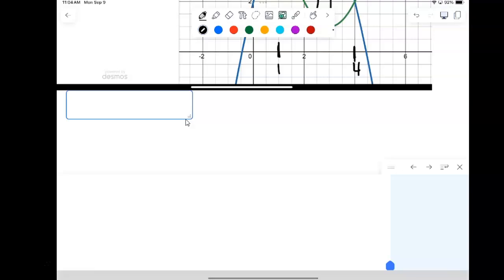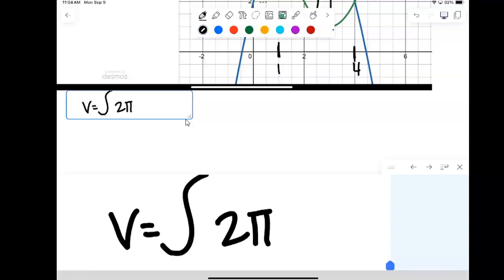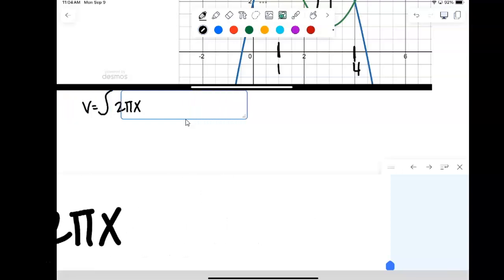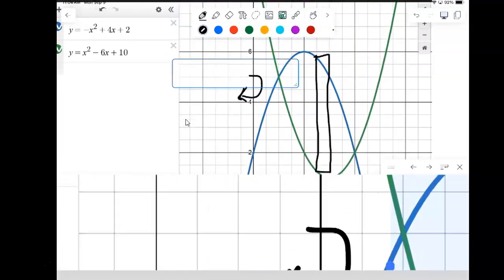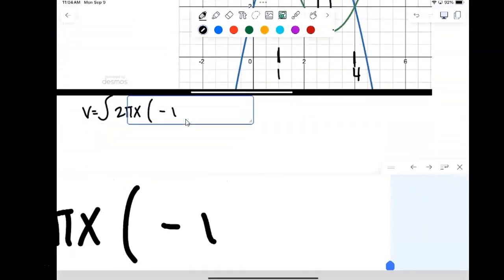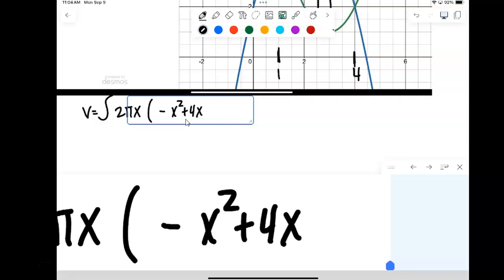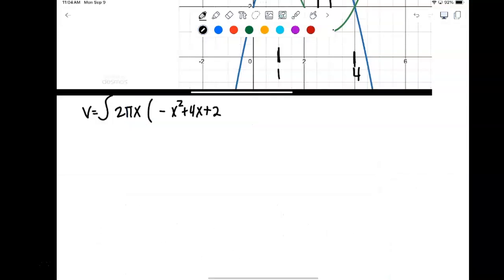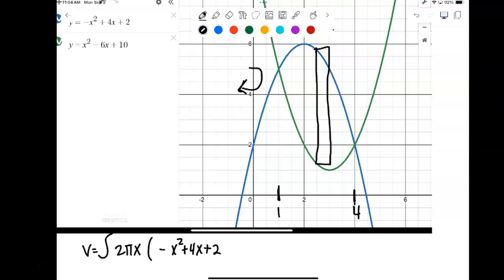So first things first, our volume will be the integral of 2 pi x times the top function minus the bottom function. The top function again is our blue function, negative x squared plus 4x plus 2. Now I'm going to do one small thing to save me having to rewrite this again.